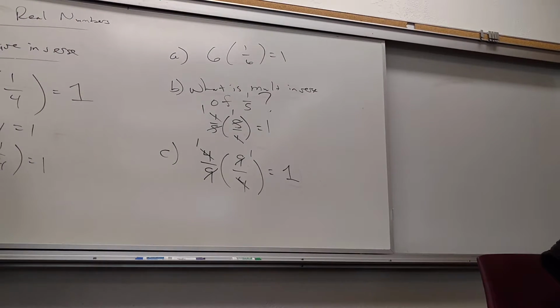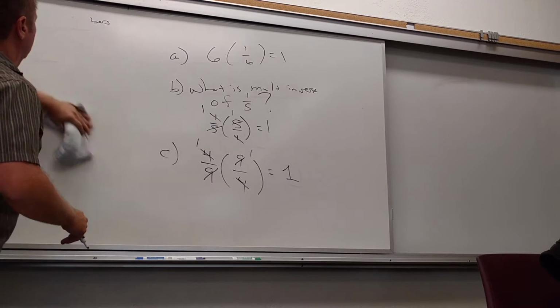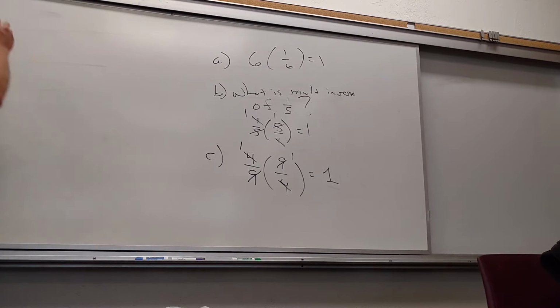Same thing for a decimal, right? Exactly. Now be careful with decimals, since you brought them up, and they are in the homework. I'm not going to accept this guy's multiplicative inverse to be 1 over 0.2. Why wouldn't I take that? Because 1 over 0.2 is a mixture of types of numbers.